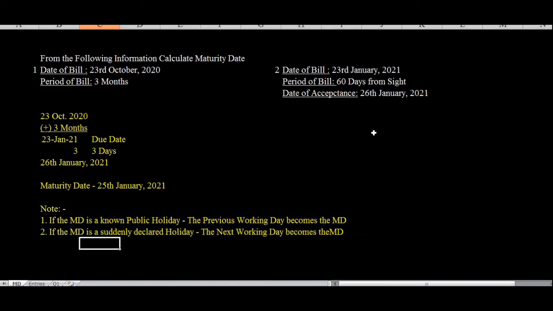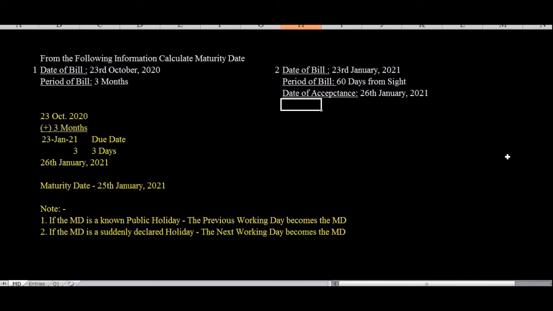If the maturity date as calculated is a known public holiday, the previous working day becomes our maturity date. But if the maturity date is a suddenly declared bank holiday, then the next working day becomes the maturity date. I hope every one of you has understood this simple calculation in months.